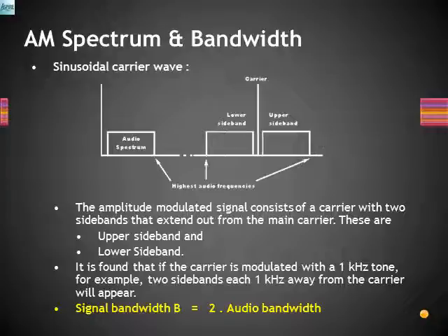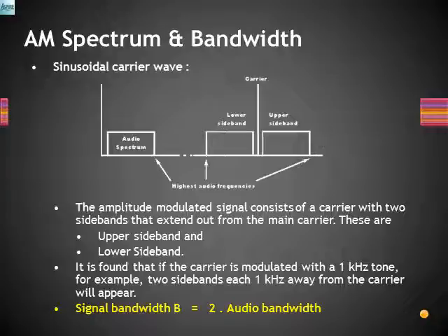And here an important formula arises, which is about calculating signal bandwidth, and is defined as signal bandwidth equal to 2 into audio bandwidth. Here the audio bandwidth is our signal, you can say it is a baseband signal.